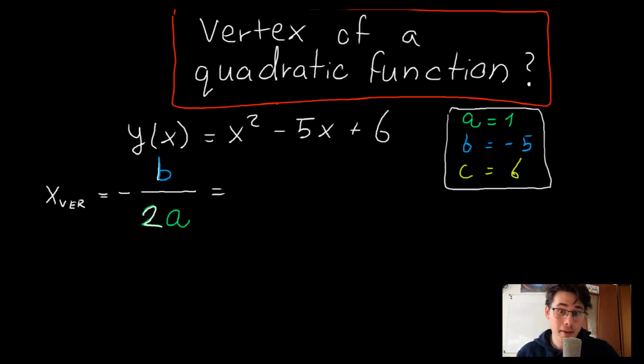We plug in the numbers. Again, we simply plug in our numbers that we have. Our vertex is at minus 5, divided by 2 times 1. Now, I made a mistake because there's minus minus, which is a plus.